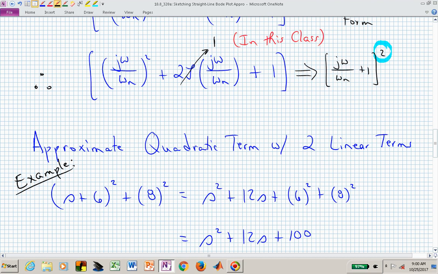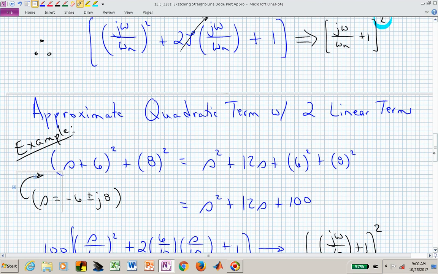Hopefully you then can see by inspection of the way that it's factored here that those values of s, minus 6 plus j8 and minus 6 minus j8, would actually make that quadratic expression vanish or equal to 0.